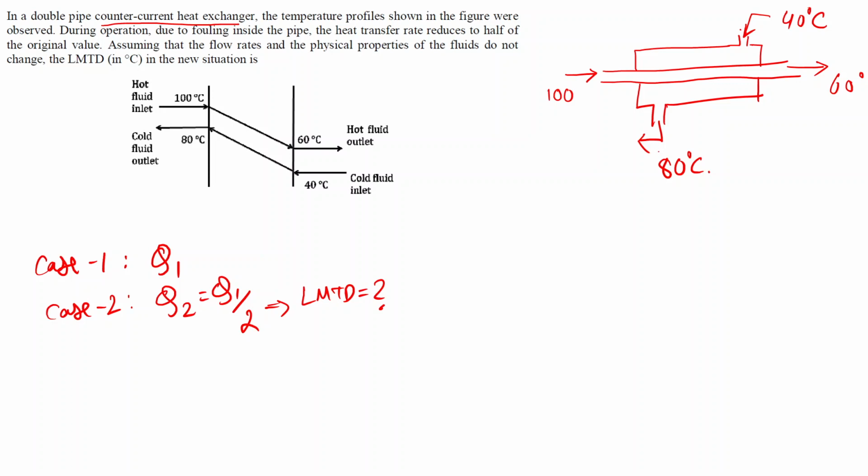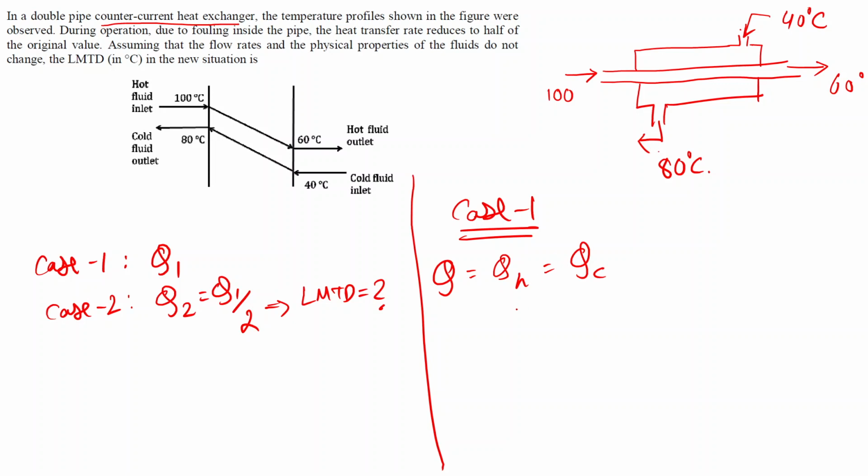Now let's consider case 1. The heat balance across this heat exchanger, we can write as total Q will be equal to Q of H is equal to Q of C. Let's call the tube side fluid as 1 and the shell side fluid as the second fluid.